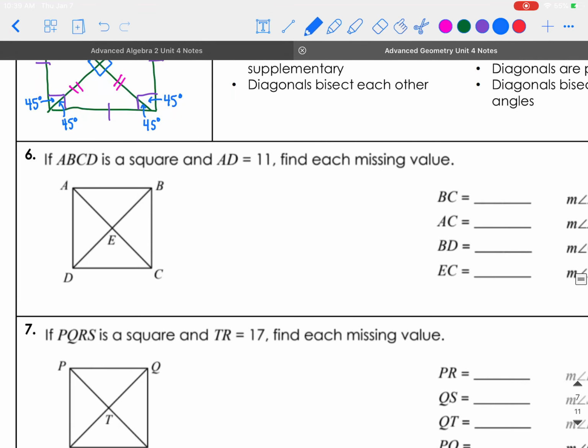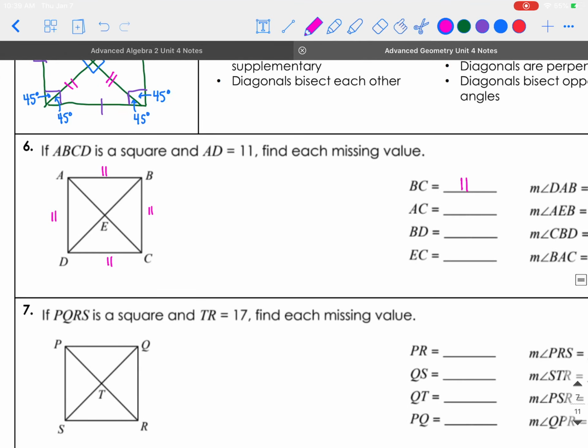All right. So square ABCD. And we know that side AD is 11, which means all these sides are going to be 11. So BC is 11. AC. All right, so AC is a little harder to find because we're going to have to do Pythagorean theorem. Here's my triangle.